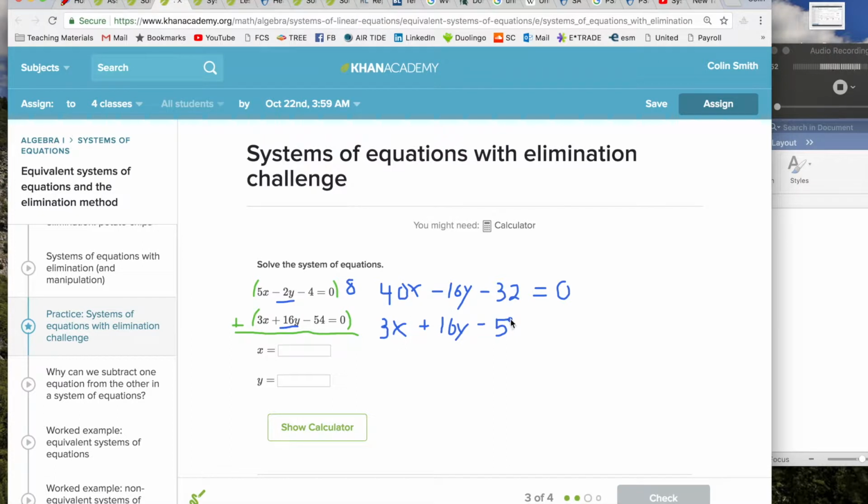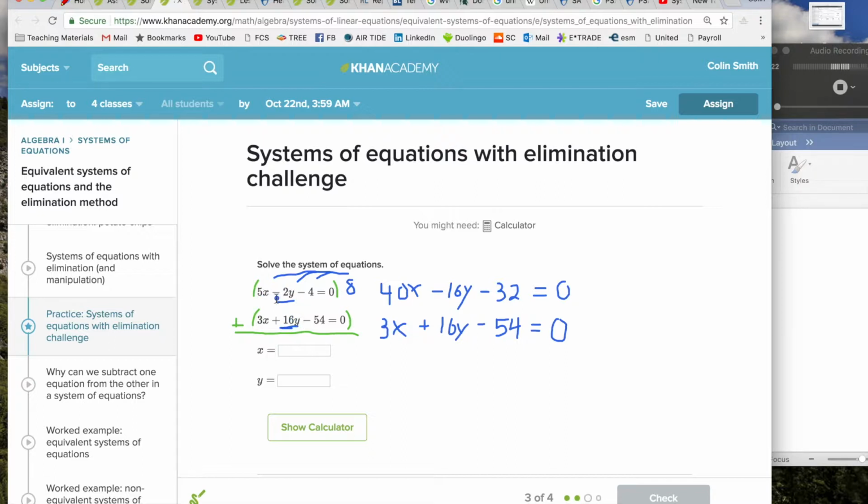Okay, now we did that. We chose 8 as our constant to multiply the top equation by, because we noticed that since this was 2y and we needed to get it up to 16y, we multiply it by 8 so that all these terms get increased. And when we do that, we get the y category to equal 16.